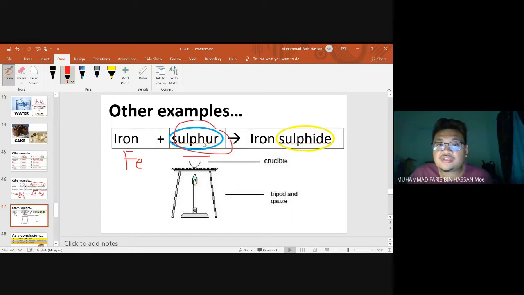Let's say magnesium reacts with sulfur, it will form magnesium sulfide. The way we do this kind of reaction is by using a Bunsen burner and a crucible. We put iron and sulfur inside the crucible because this reaction needs heat energy.